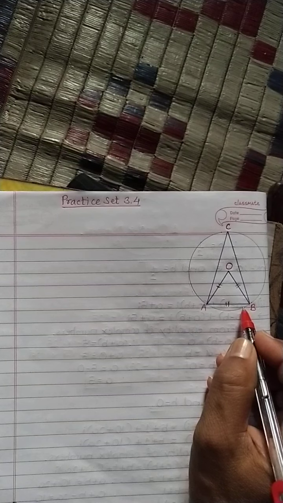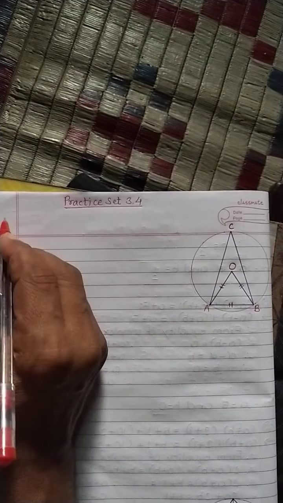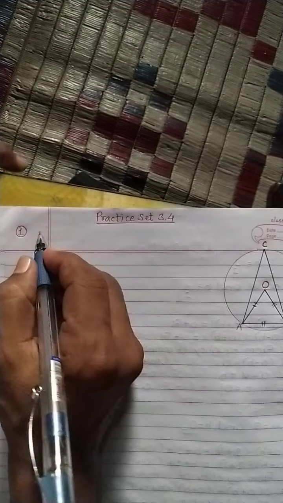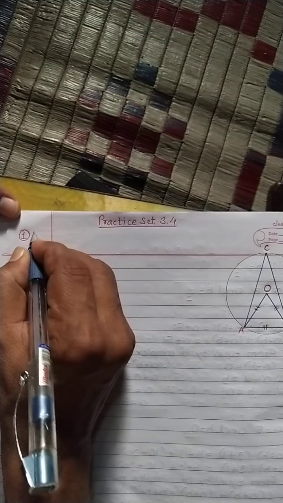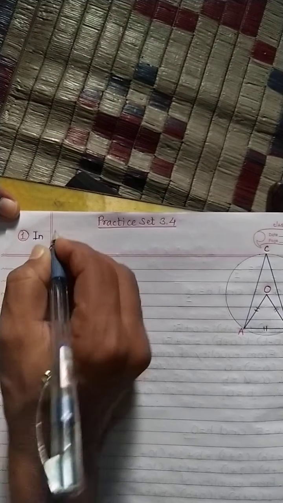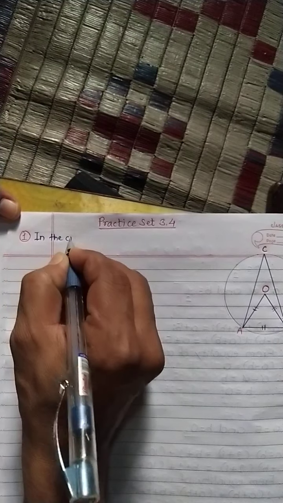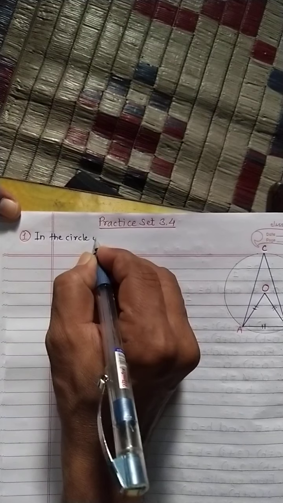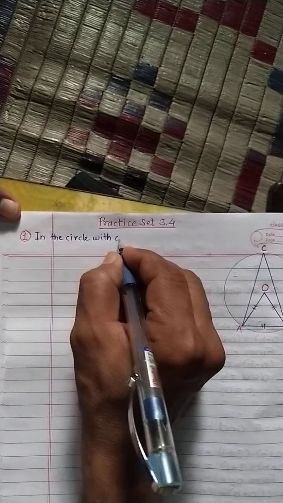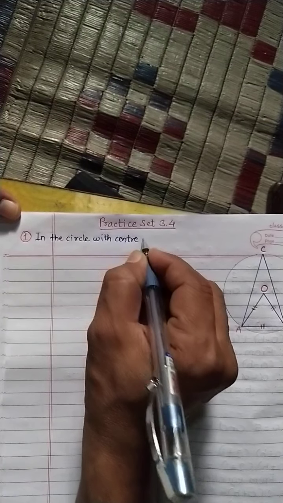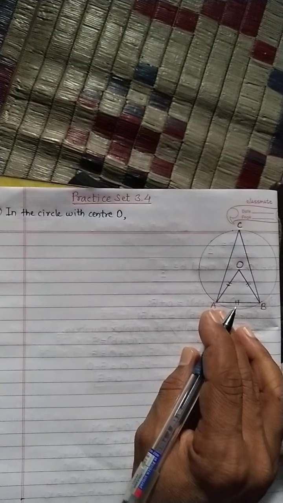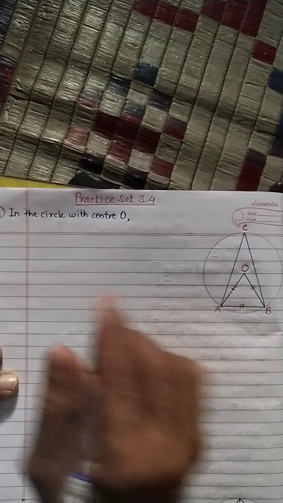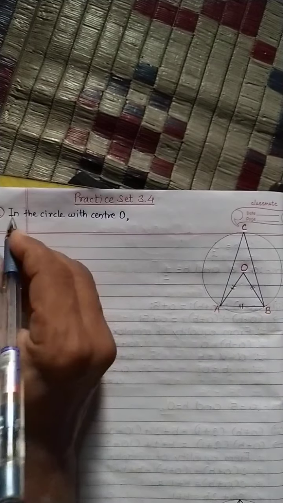Okay, so let us start now. Here in the circle with center O, OA is equal to OB.